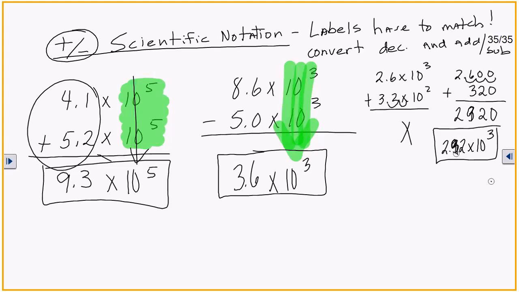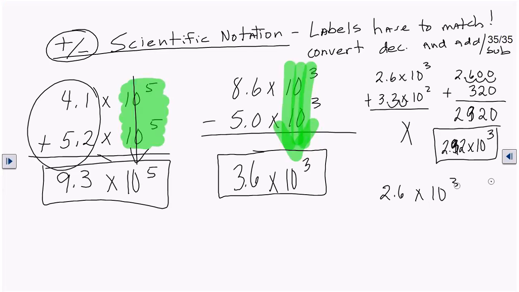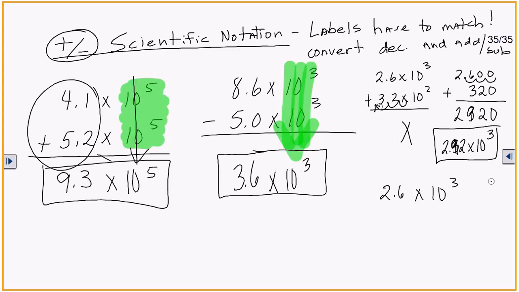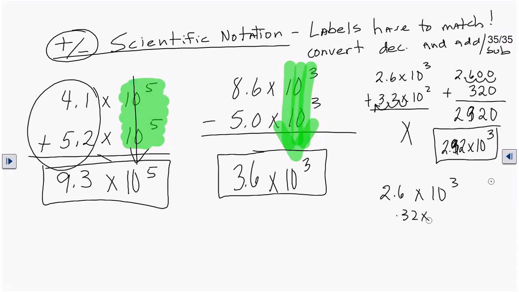Well, you could manipulate this and go 0.32 times 10 to the third, and now you would get 10 to the third times 2.92.